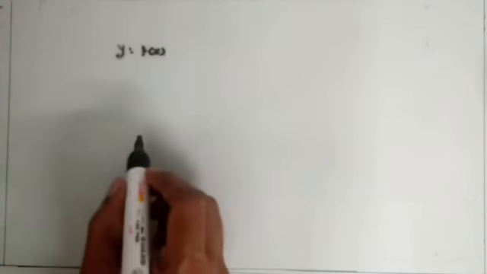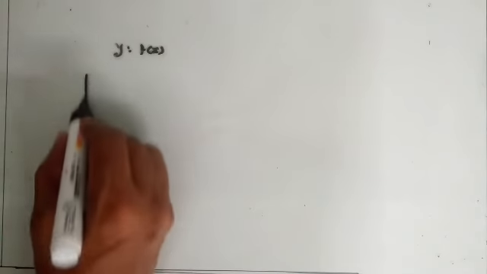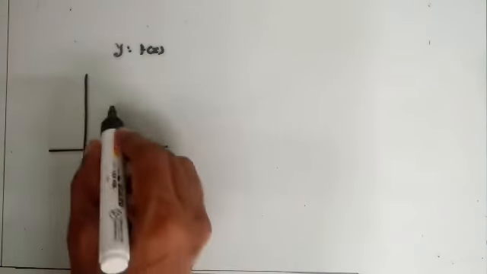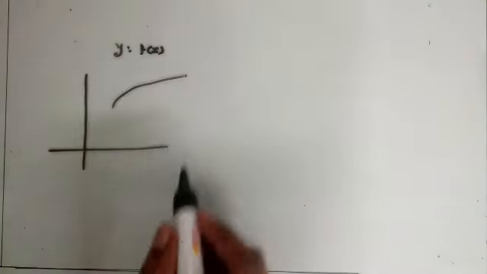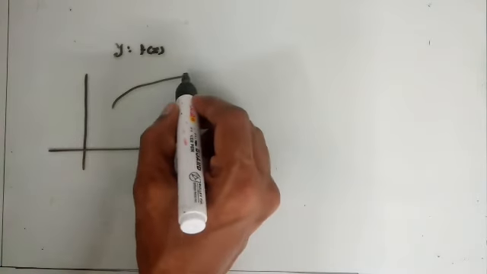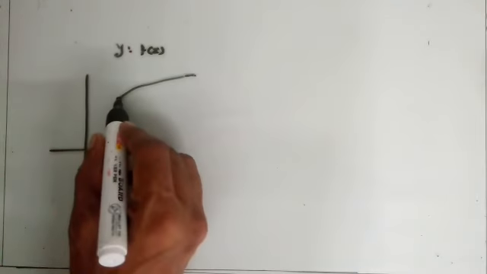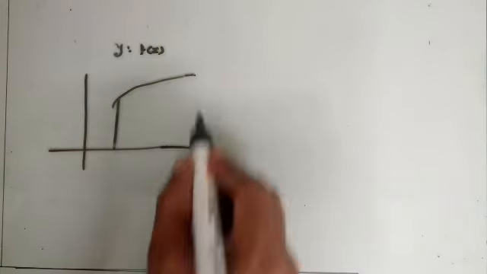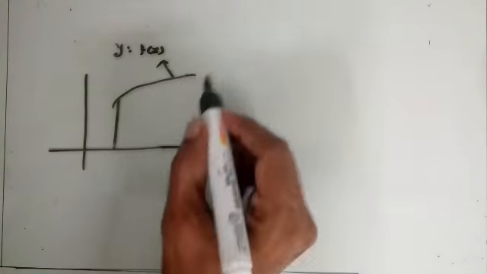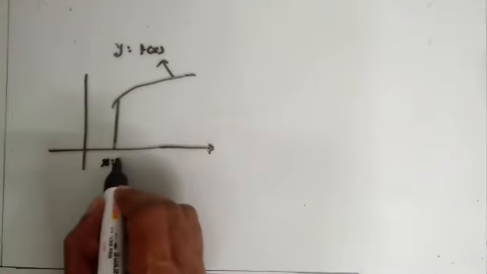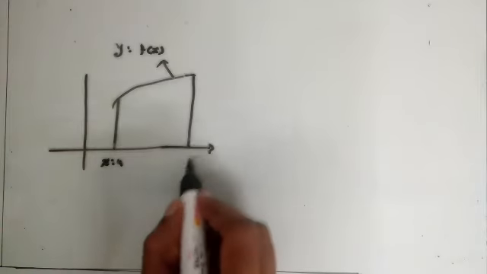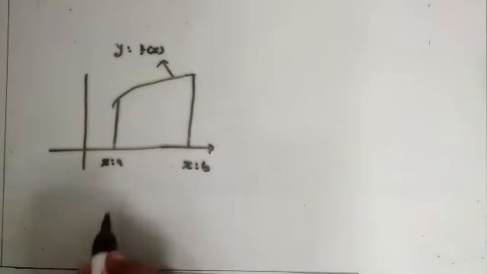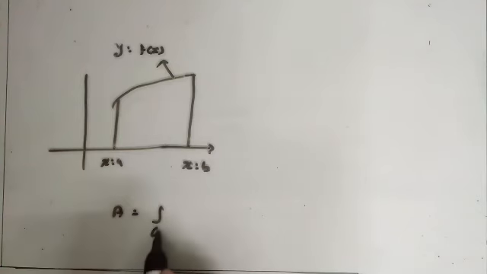Remember this. If we have a function y equals f(x) and the graph of this function looks like this, then the area of the region bounded by the curve y equals f(x) and the lines x equals a to x equals b is given by the integral from a to b of f(x) dx.